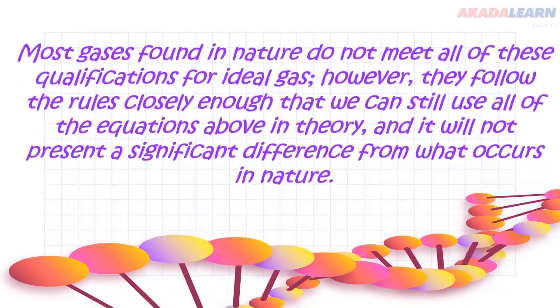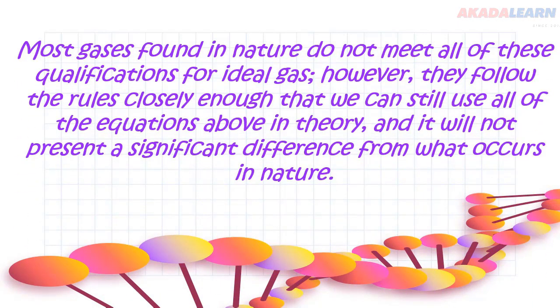So now you see that those five properties mentioned of an ideal gas, in reality most gases found in nature do not meet all of these qualifications for an ideal gas. However, they follow the rules closely enough that we can still use all of the equations above in theory, and it will not present a significant difference from what occurs in nature.